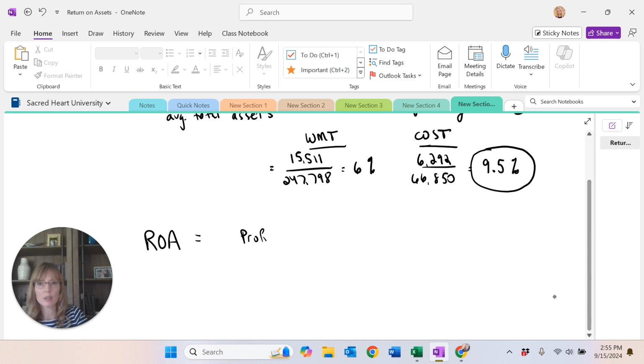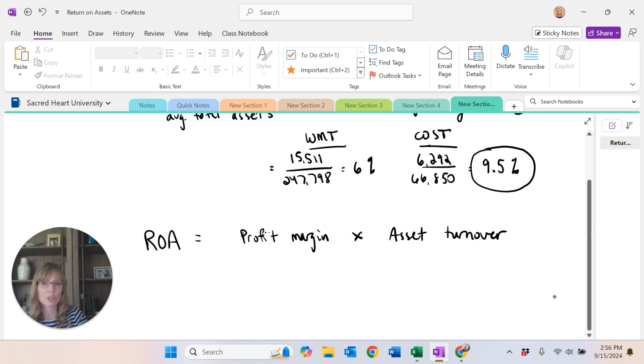ROA can be calculated equal to profit margin times asset turnover. We looked at each of these items before. Asset turnover, how efficiently are your assets generating sales dollars? And profit margin, how well are your sales dollars resulting in net income?